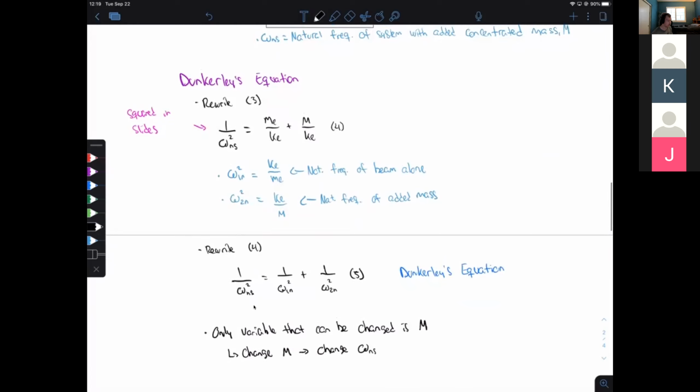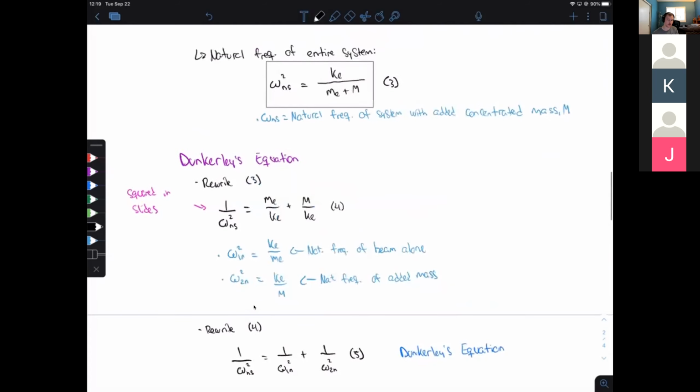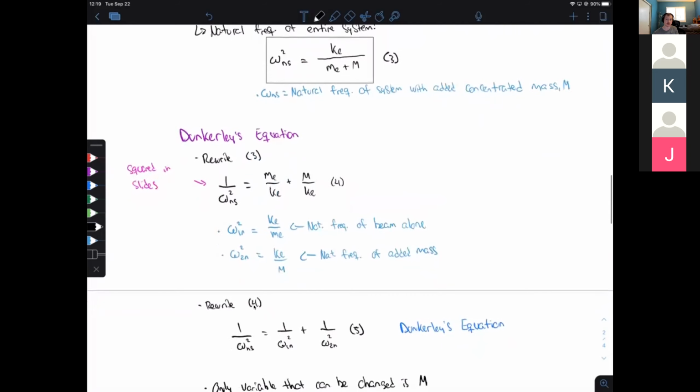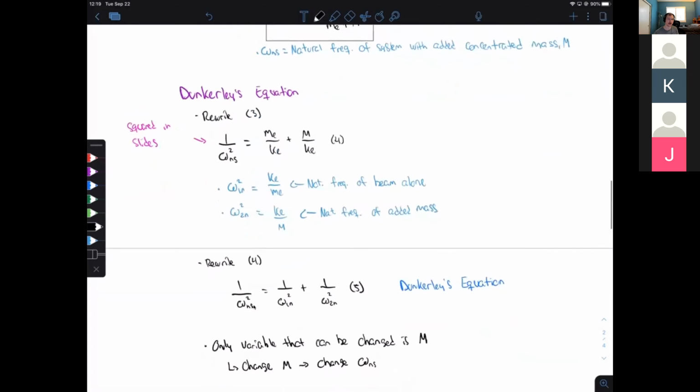Okay, so I'm saying the only variable that we can change here is the added mass. So if you change M, then you're going to change the natural frequency of the entire system with that added mass.